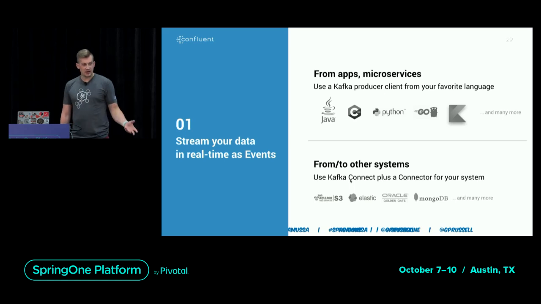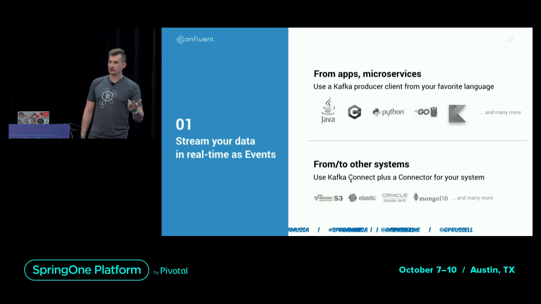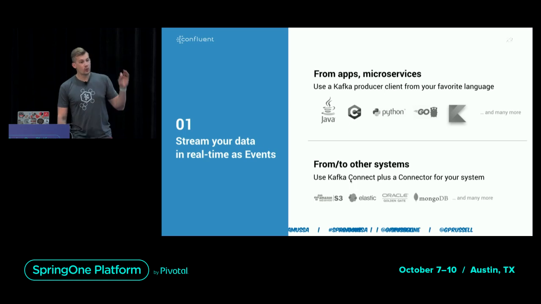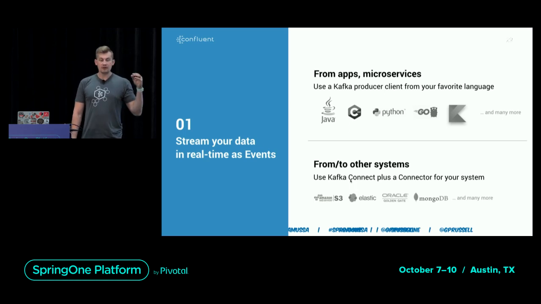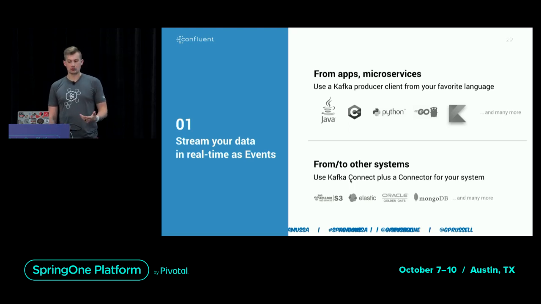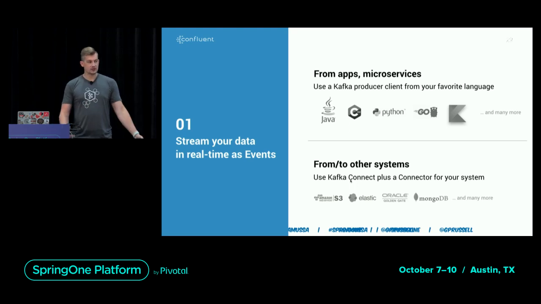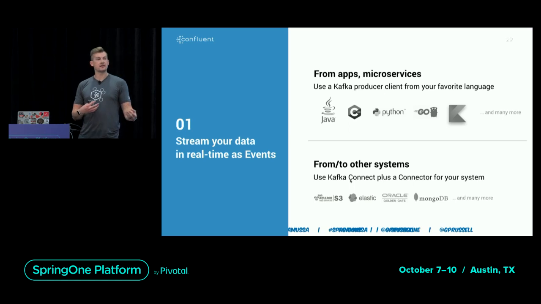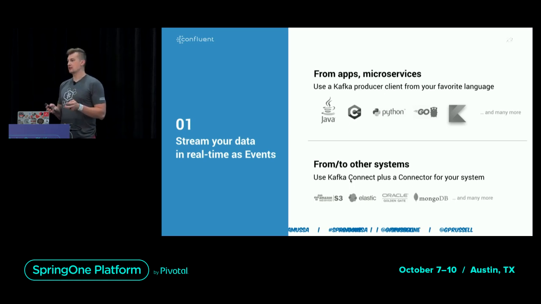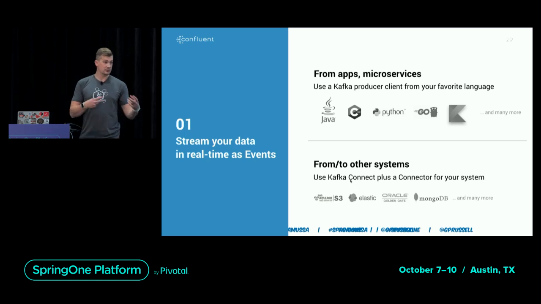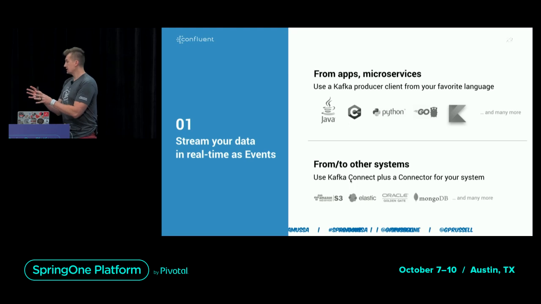And it would be wasteful, again, if you don't get paid for lines of code, to spend time every time writing an app to consume data over and over from Oracle. This is why the Apache Kafka community came up with the idea of Kafka Connect, which is essentially a runtime for connectors. It's a highly scalable, highly available runtime that allows people to implement the logic to get data out of some system or put it somewhere.